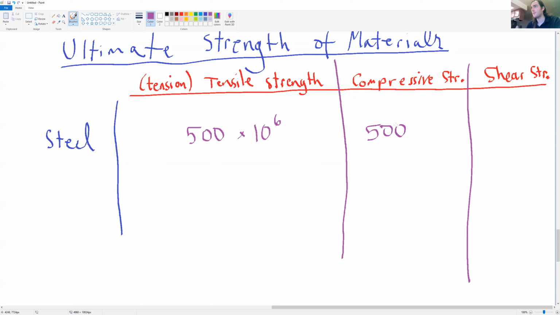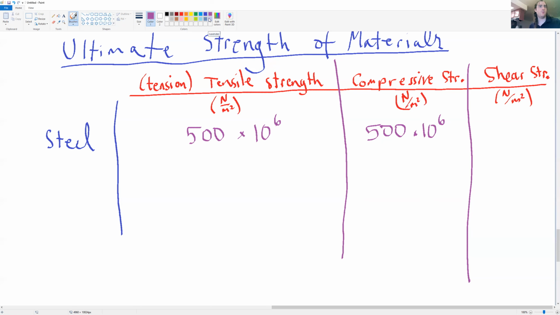And I should put the units on here. Units are going to be Newton per meter squared, in all cases here.